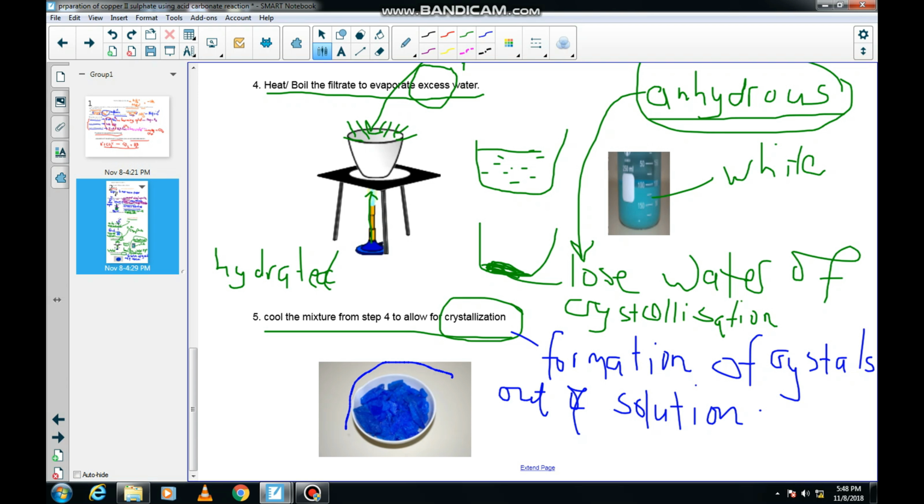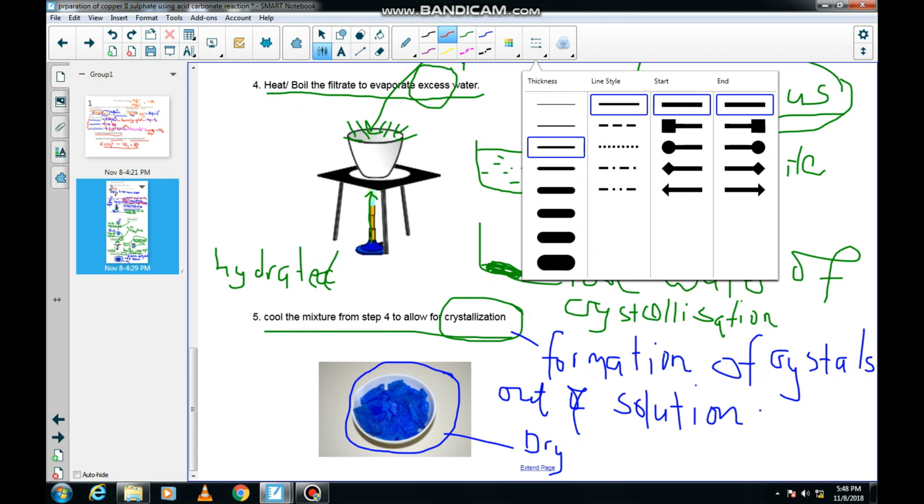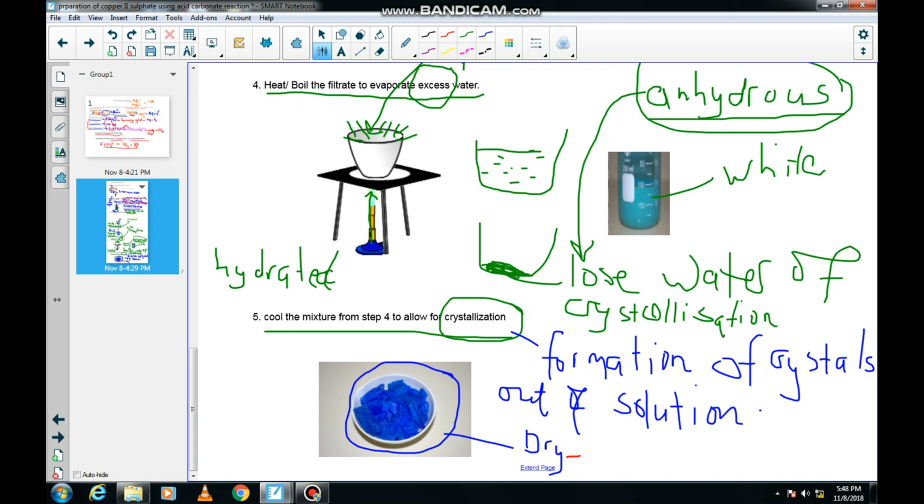Okay, this is what you will get at the end. Nice crystals. If these crystals still contain a little bit of solution, dry them. And how do we dry our crystals? We dry them by rubbing between filter papers.